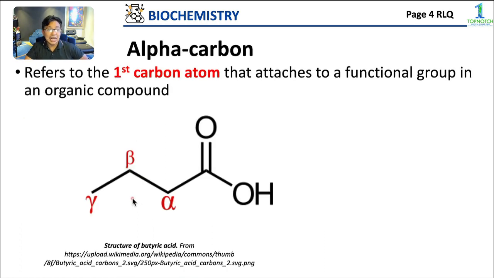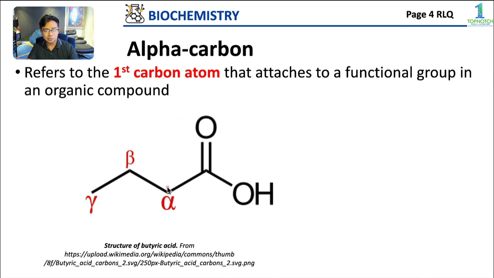Now, in this case, guys, the alpha carbon refers to the first carbon attached to a functional group. In your handout, please take note of the different functional groups and familiarize yourself with them. The functional group here is your COOH. It's the whole functional group, this segment.